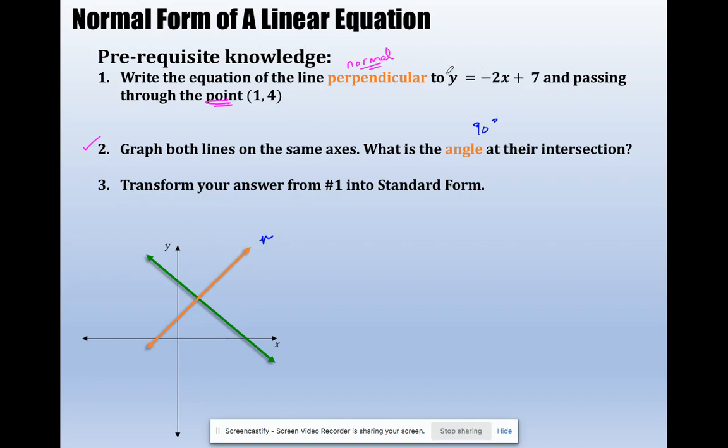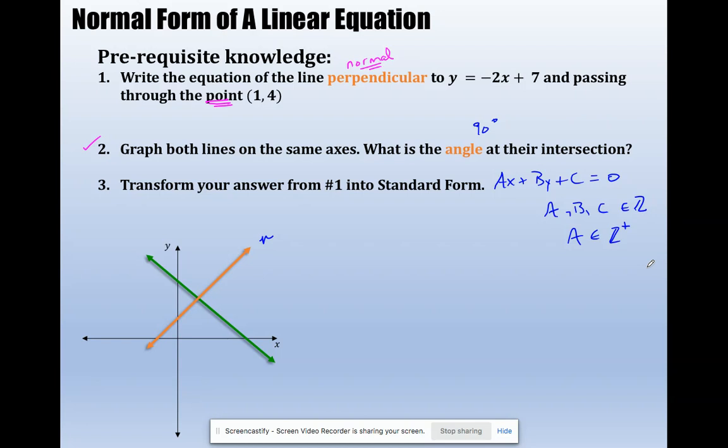Now, I want you to take this equation and transform it into standard form. Do you remember how to do that? Okay, remember, standard form is Ax plus By plus C with some restrictions. Do you remember that? A, B, and C were elements of the integers. A had a further restriction that it had to be a positive integer. And we practiced this objective in AAF with no context.